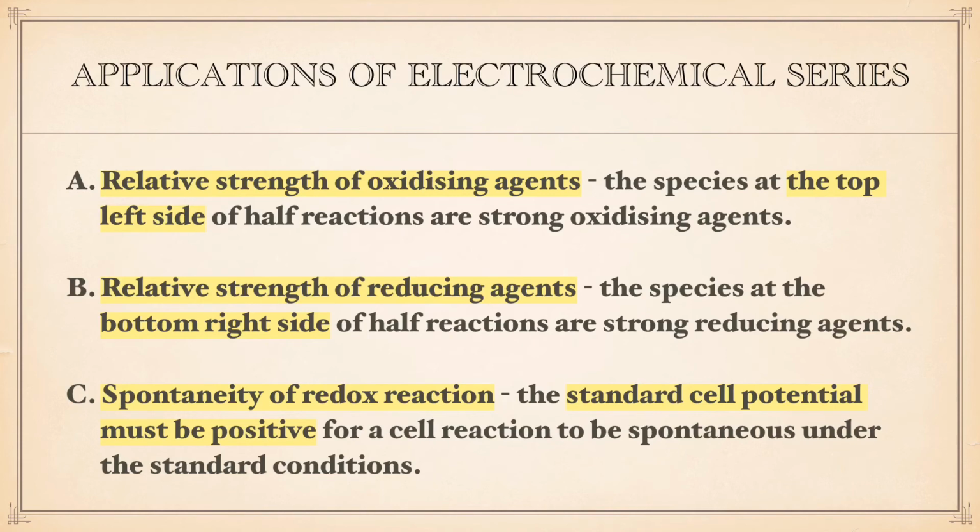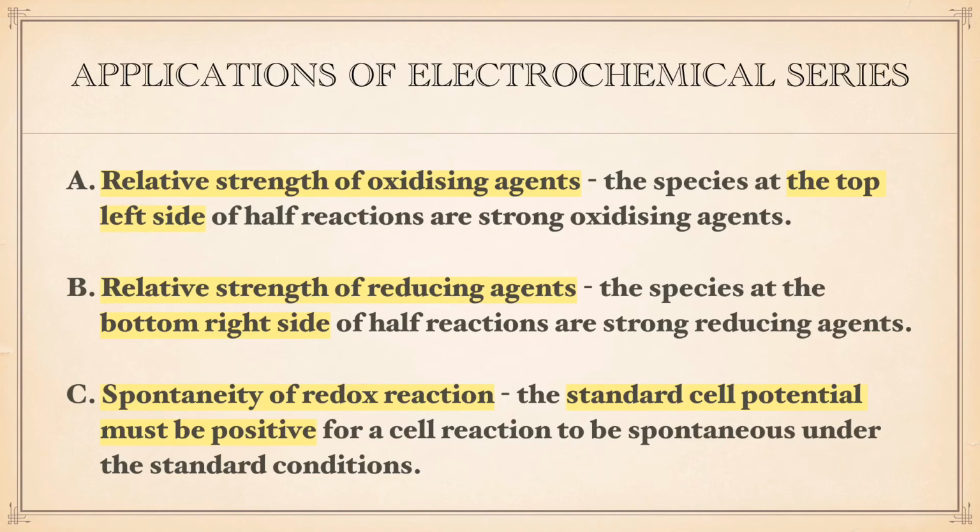The species on the right side of half reactions are reducing agents. So the half reactions at the bottom of the table with large negative E0 values have little or no tendency to occur in the forward direction. That means they prefer to go in the reverse direction.